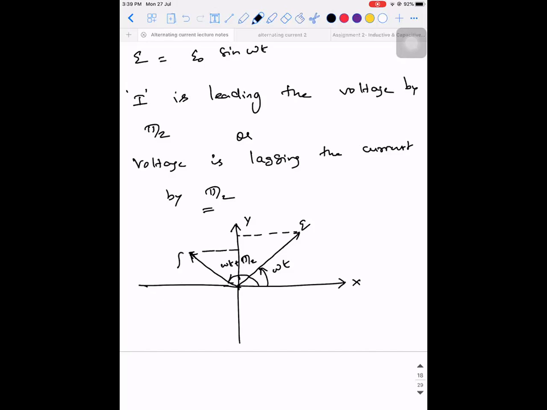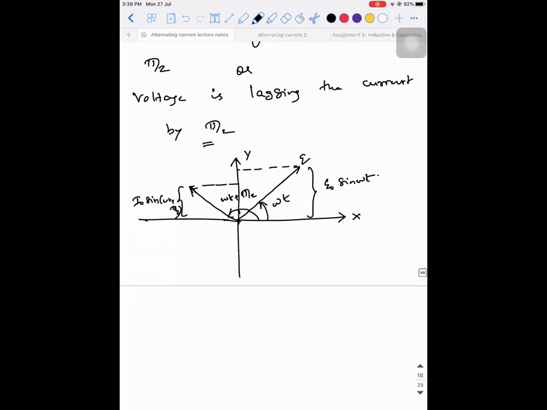And when you drop a perpendicular, this side will be I naught sine of omega t plus pi by 2, and this side will be equal to E sine omega t. So this is how the phasor diagram looks for a capacitor. Make a note of it.